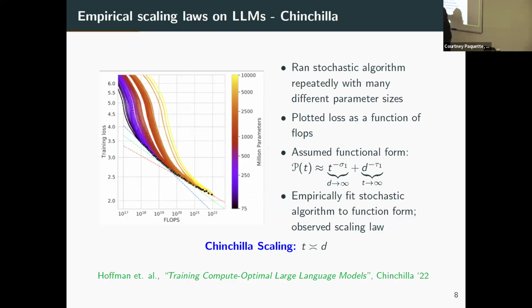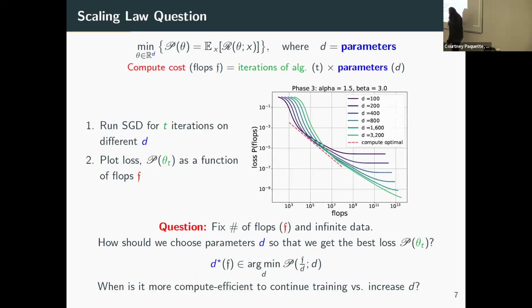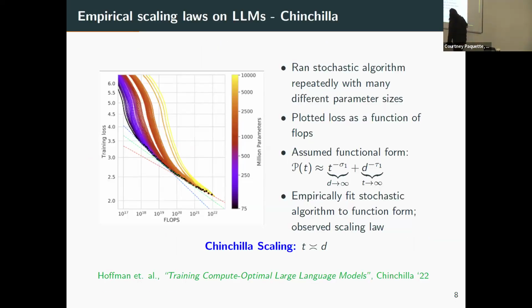That this curve, as a function of flops, was like flops to a power. And what they really observed in practice was what they call Chinchilla scaling, which is that the way your flops were scaling was that the number of iterations is proportional to D, or in this case, the number of samples is proportional to D. Okay?